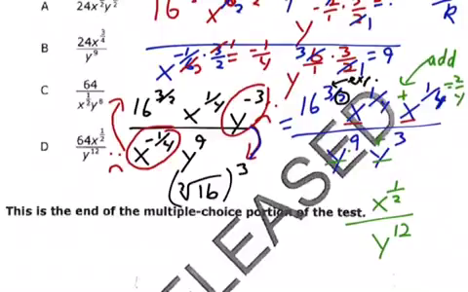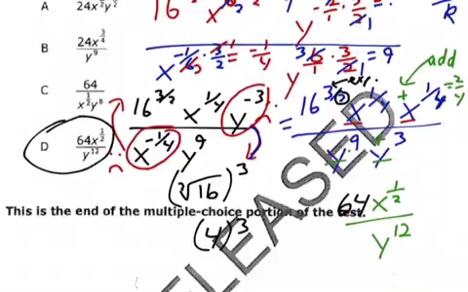So the square root of 16 is 4, and then if I cube 4, 4 times 4 is 16, 16 times 4 is 64, so it would be 64 x to the 1/2 over y to the 12th. And looking there, I see answer choice D matches exactly what we have.